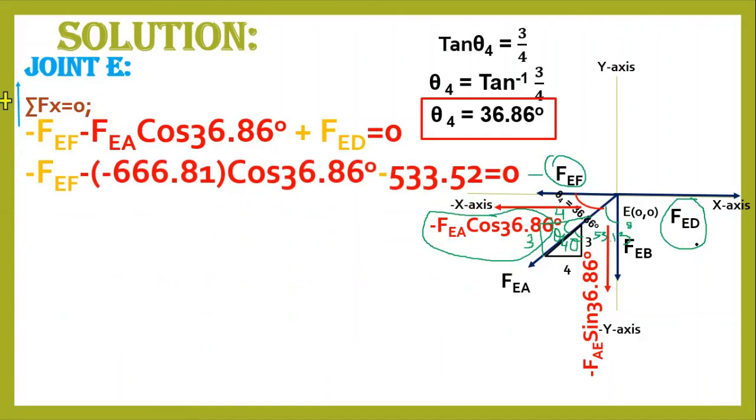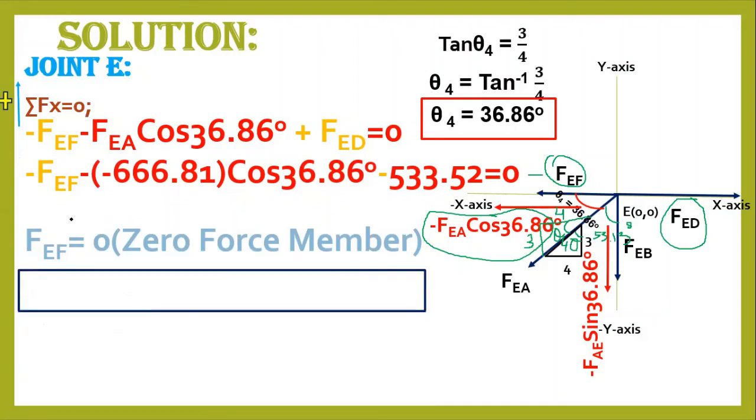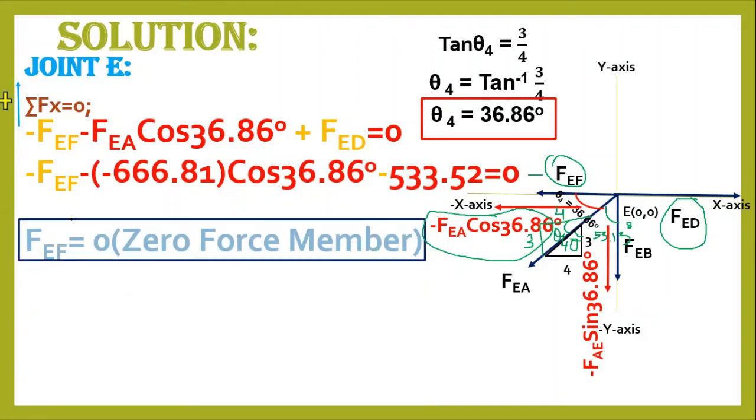So you can see I put the value of this, FEF is equal to 0 force member. So it is coming out to be 0, zero value. And if you calculate the value of FEF and FFA, you will also again get 0. So it is the proof.